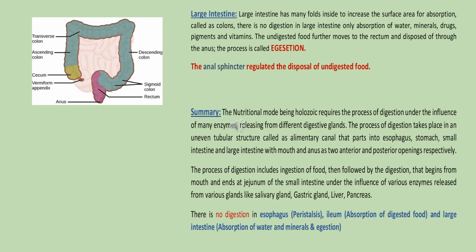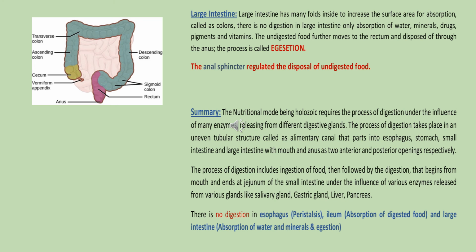However, amoeba is a unicellular organism and human beings are complex organisms. They vary in terms of the food they take. Amoeba takes simple food whereas human beings take a variety of food items which are very complex in nature. In order to digest these complex substances, human beings have evolved a very complex system of enzymes called digestive glands. Various types of digestive glands are very specific in terms of their secretions.